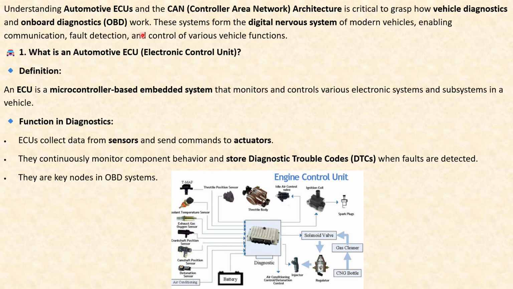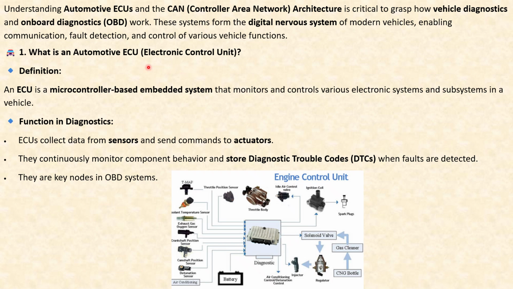These are like the actual nerves which carry the information in a human body. This communication is as important as nerves. These systems form the digital nervous system of modern vehicles, enabling communication, fault detection, and control of various vehicle functions.